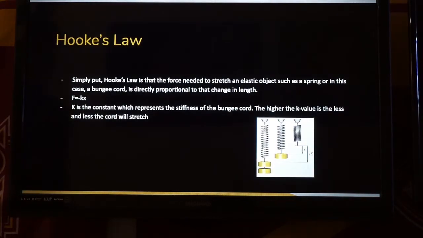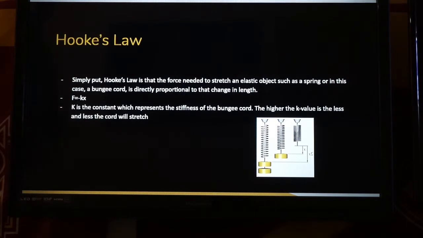Another principle, which is perhaps the most important thing for avid bungee jumpers and people interested in the topic, is Hooke's law. That has to do with the proportionality between the force needed to stretch a spring and the distance that the spring is stretched.